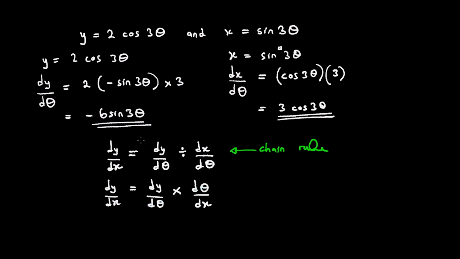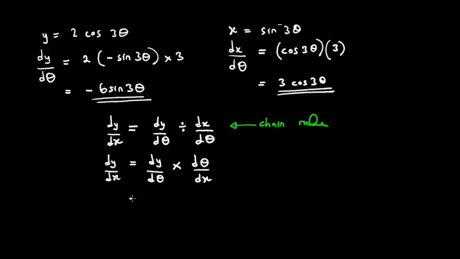Tichati this is equal to dy d theta ndiani? Ndi minus 6 sin 3 theta times ko d theta dx ndiani? Tarisisai kuti yatacalculate panapa ndi dx d theta, not d theta dx.